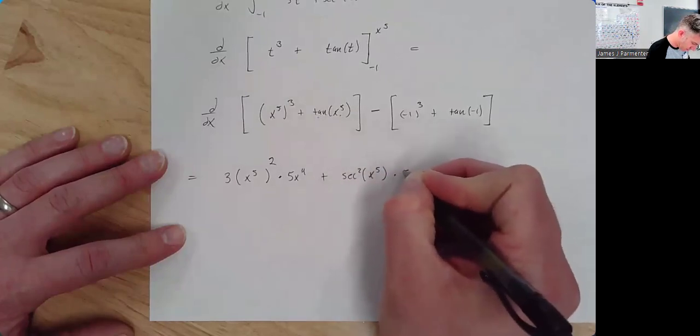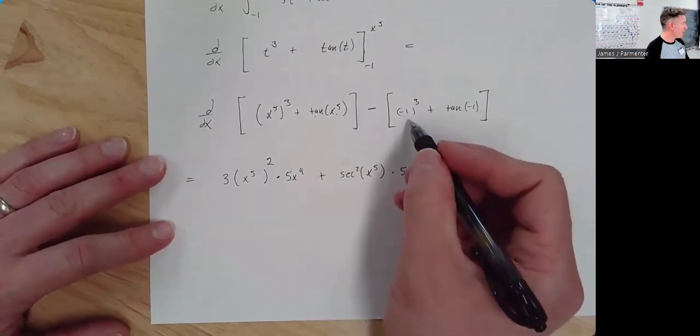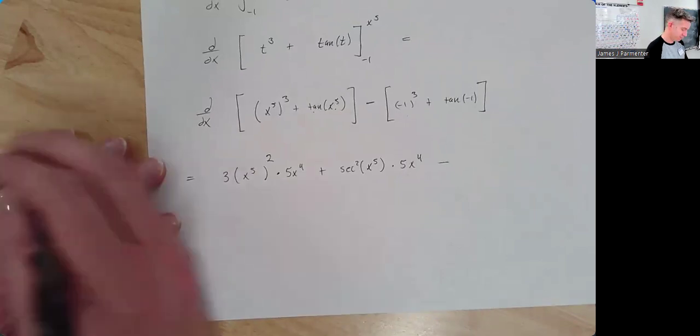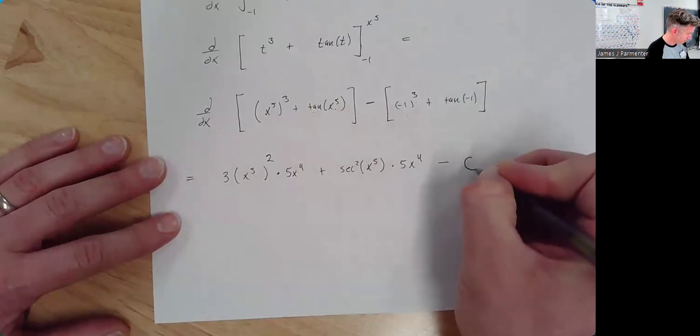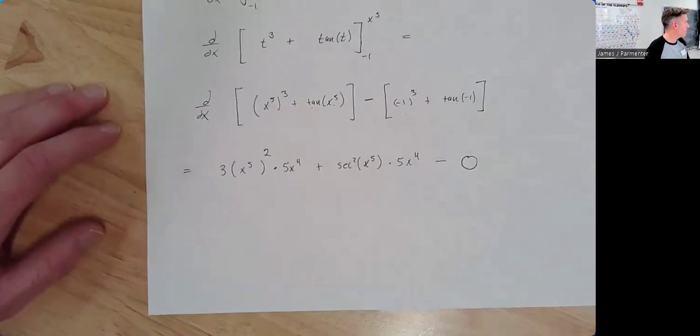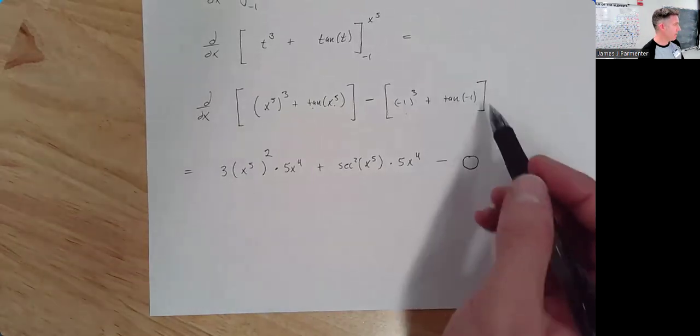Times the derivative of the stuff. Minus, what's the derivative of -1 cubed? What's -1 cubed equal to? -1. What's the derivative of -1? 0. Okay, how about tangent of -1?